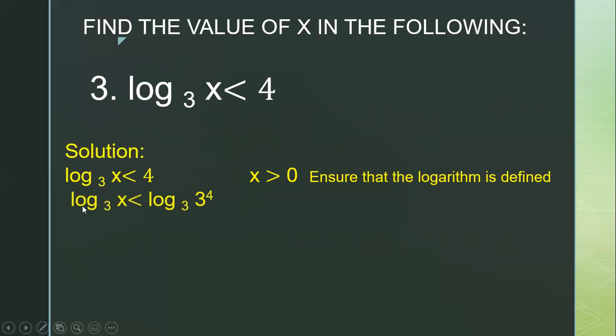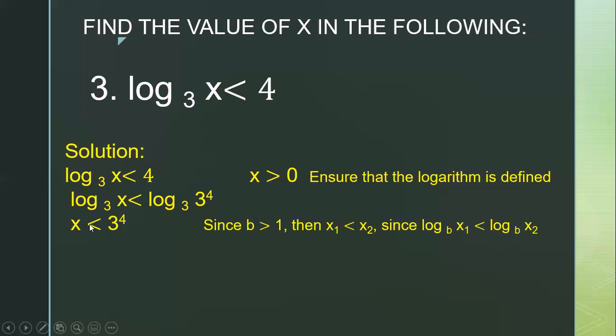So in doing that, we have to make both sides a logarithm to the base 3 so that we can cancel both the logarithms. Okay? So the logarithm of x to the base 3 is less than the logarithm of 3 raised to 4 to the base 3, same base. So dropping out the logarithm, we have x is less than 3 raised to the 4th power.